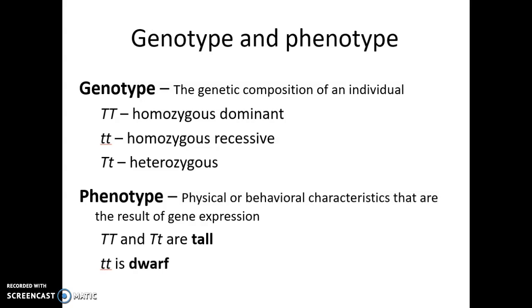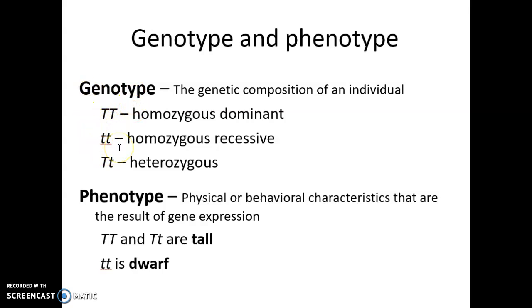Okay, so let's just recap here. The genotype is the genetic composition. What are the genes inside? And for any given trait, right, we're going to have 2 different letters for the letter that your mom gave you, right, and the letter that your dad gave you. So when we see this one, it's homozygous dominant.